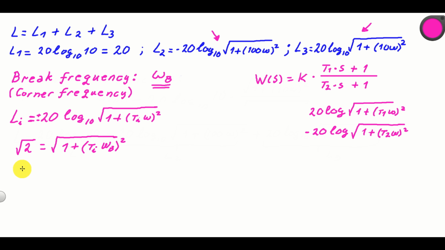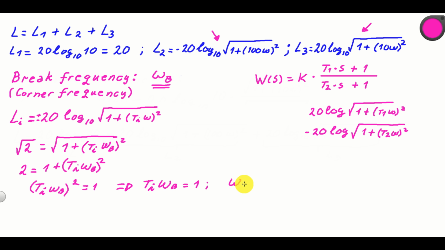By solving this equation, we obtain 2 is equal to 1 plus (t_i omega_b) squared, so (t_i omega_b) squared is equal to 1. Since omega_b as well as t_i are positive, t_i omega_b is equal to 1, and our break frequency is actually 1 over t_i.